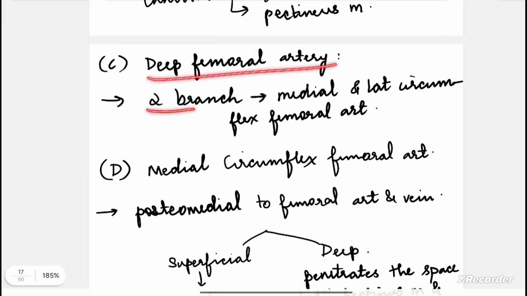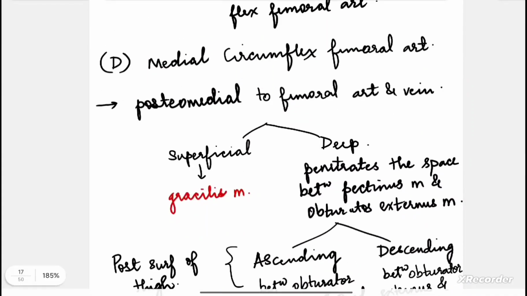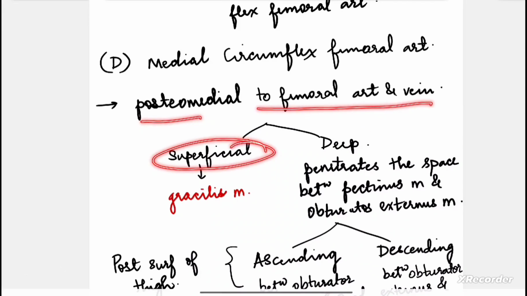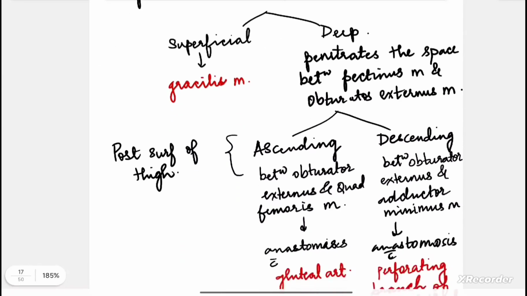The deep femoral artery has two branches: the medial and lateral circumflex femoral arteries. The medial circumflex femoral artery is posteromedial to the femoral artery and vein. There is a superficial and a deep branch. The superficial supplies the gracilis muscle, and the deep runs in the space between the pectineus muscle and obturator externus muscle.